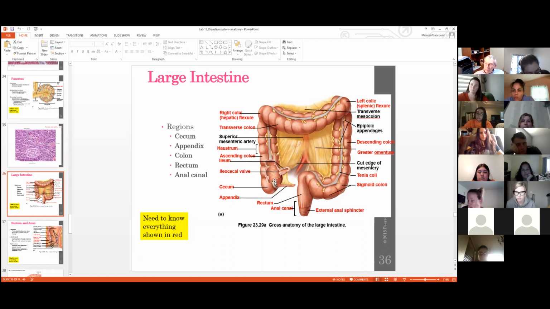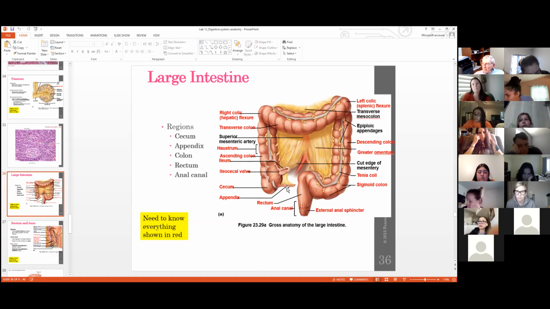So cecum, ascending, transverse, descending, sigmoid, rectum, anus. Ileocecal sphincter, appendix. I really can't see anything else on here.